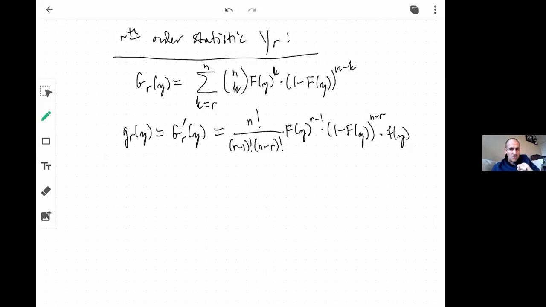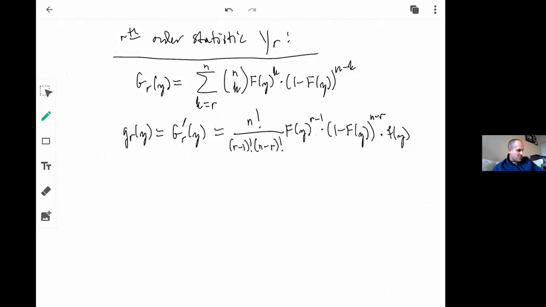That was success until we used the binomial distribution to help us write down this cumulative distribution function for the rth order statistic, because we have to have at least r of those X's being smaller than y. So we counted success and failure that way and applied the binomial distribution to our advantage.